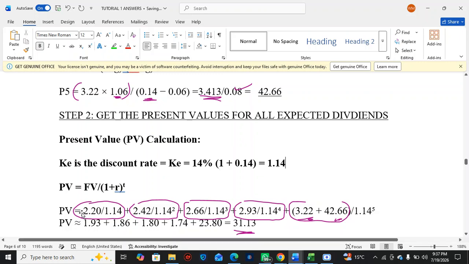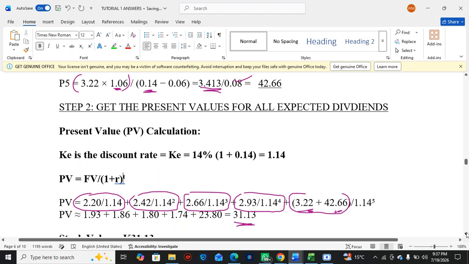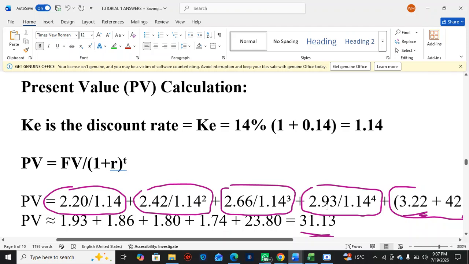So have you seen the dividend for year one, 2.2 over 1.14 raised to the power 1. The dividend for year two, 2.42 over 1.14 raised to the power 2. The dividend for year three, 2.66 over 1.14 raised to the power 3. The dividend for year 4, 2.93 over 1.14 raised to the power 4.